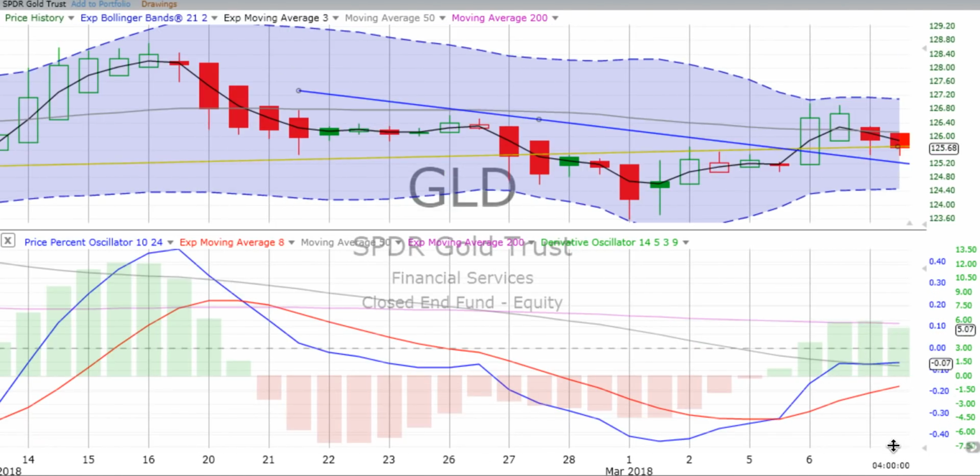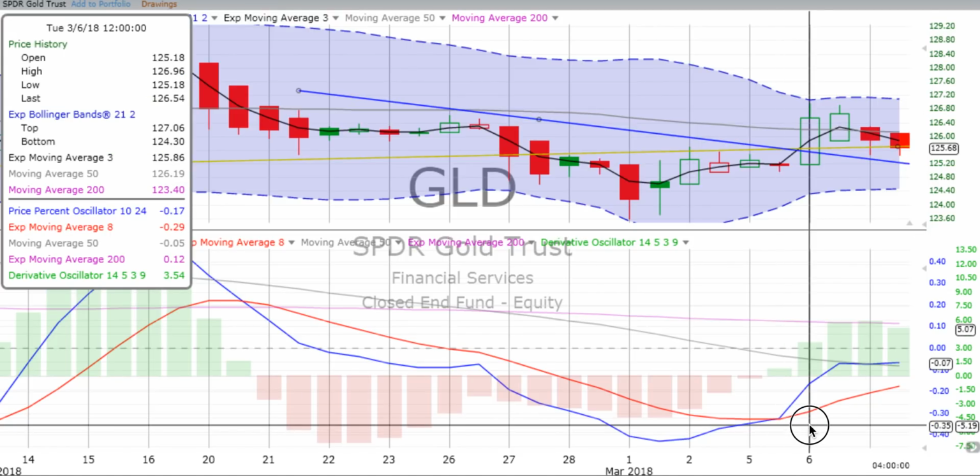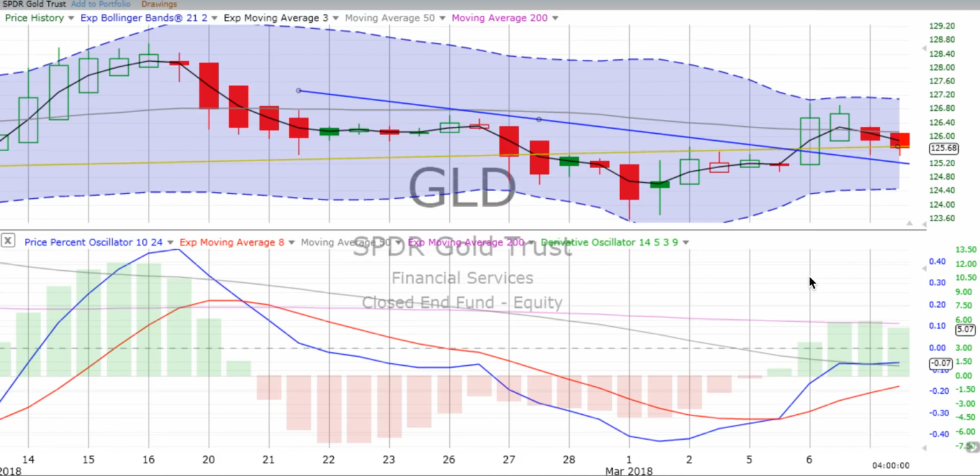Hope is not lost. We've not had a crossover going down yet. We'll wait and see if gold recovers and continues its upward flight after the crossover going up back on the morning of Tuesday the 6th on the 4-hour chart. That's where we are as we end the day on Wednesday, go into Thursday.